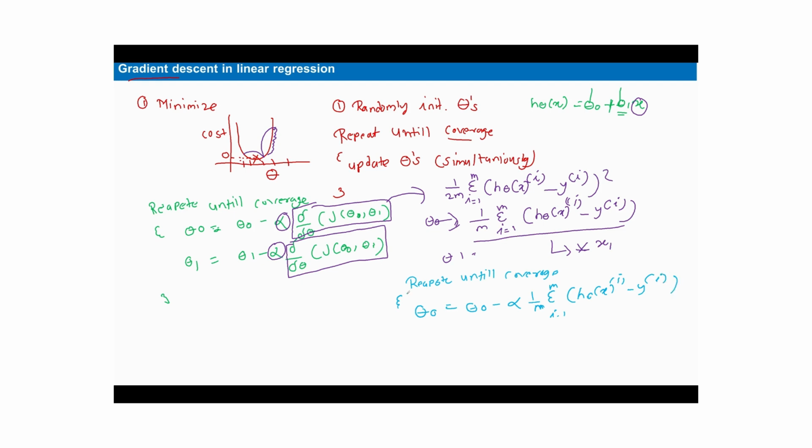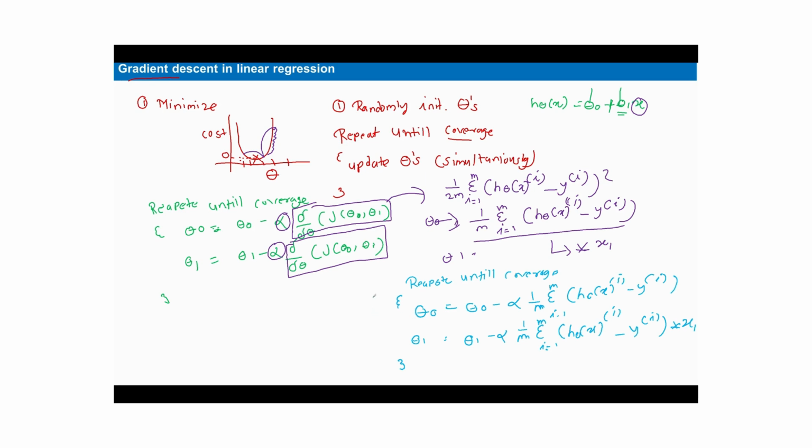In the same way we update theta 1: theta 1 equals theta 1 minus alpha into 1 upon m, summation of i equal to 1 to m, h of theta x of i minus y of i, into x1. This is the simultaneous update we need to do.